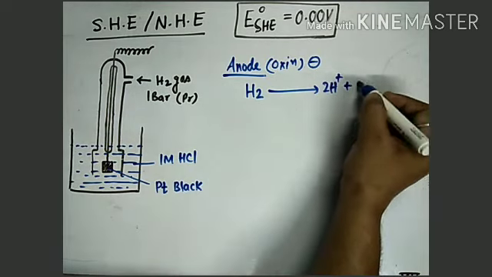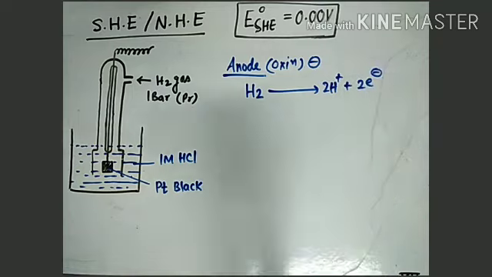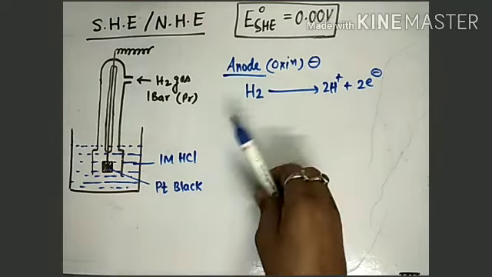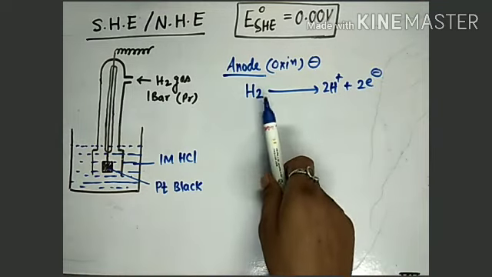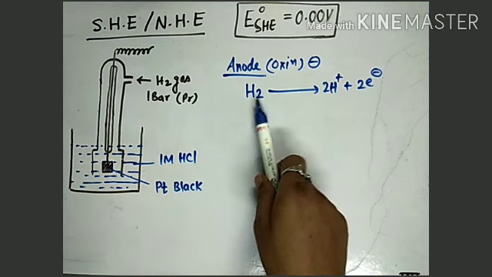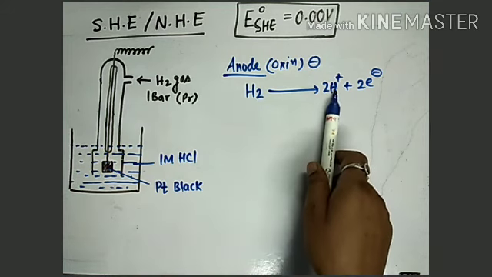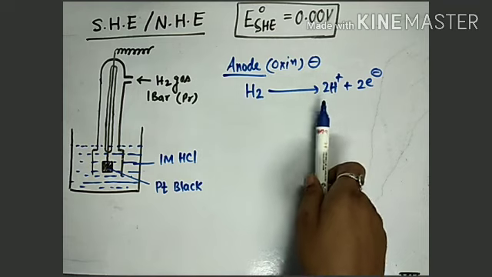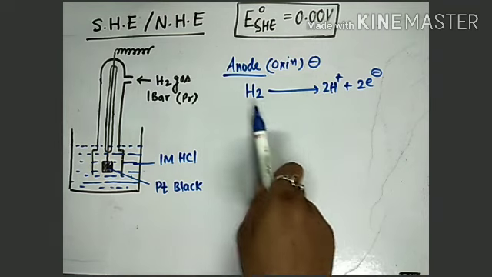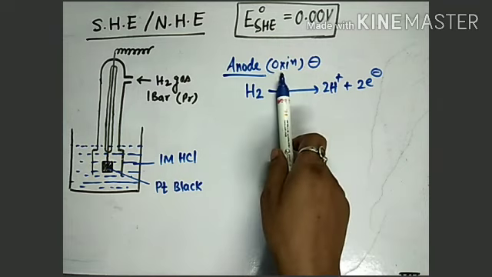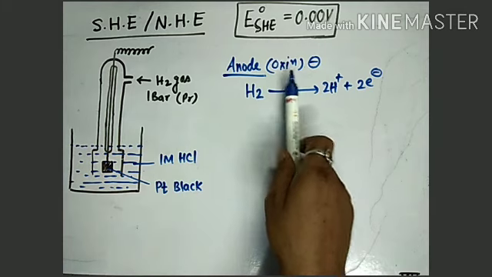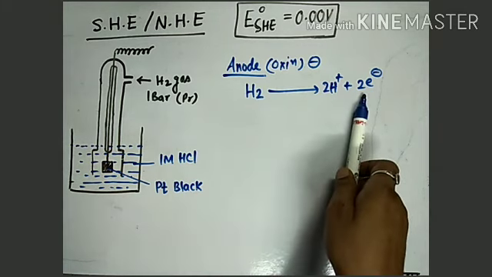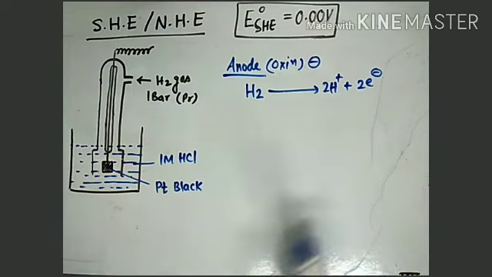It means 2 electrons are released from it. So 2 electrons are out from this H2, that's why it turns into 2H plus. It clearly shows the anodic reaction, where the oxidation reaction is taking place because electrons are being removed.